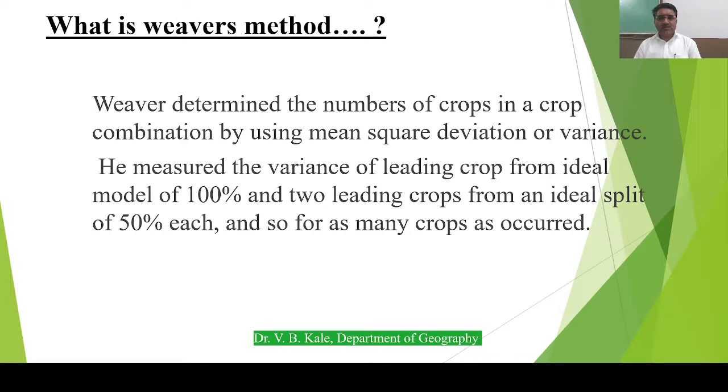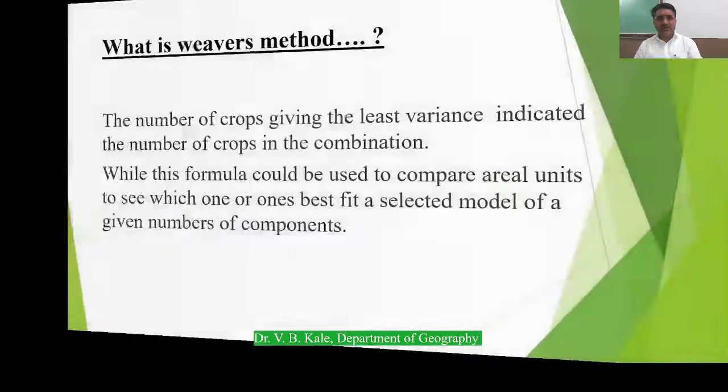But how many crops can be grown combinedly, that method or that technique is called as combination method, which is developed by Weaver. So let us see how he has developed.